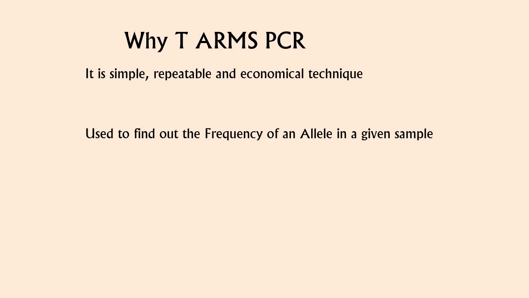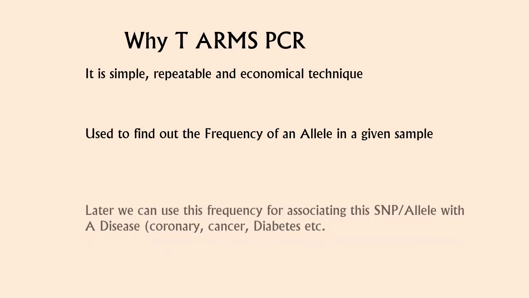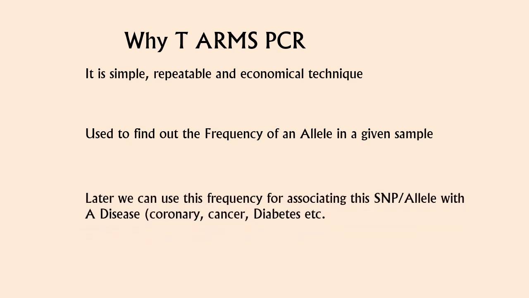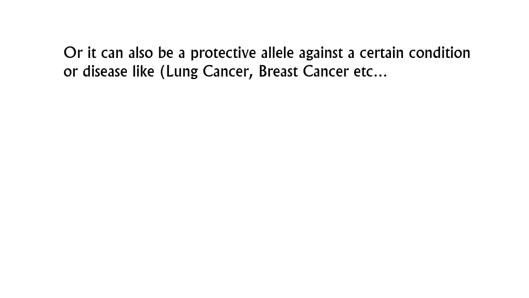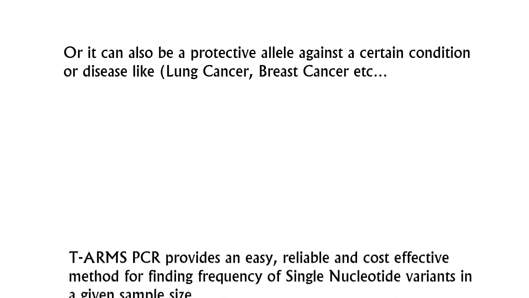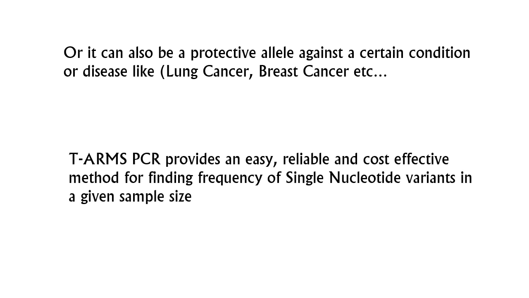Frequency means the percentage of an allele, the ratio of an allele in a population, and that frequency is later associated with certain diseases like coronary artery disease, cancer, diabetes, etc. Or it can also be a protective allele against a certain condition or disease like lung cancer, breast cancer, etc. T-ARMS PCR provides an easy, reliable and, most important, cost-effective method that is easy to carry out.